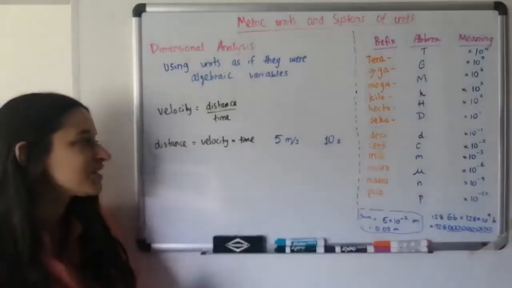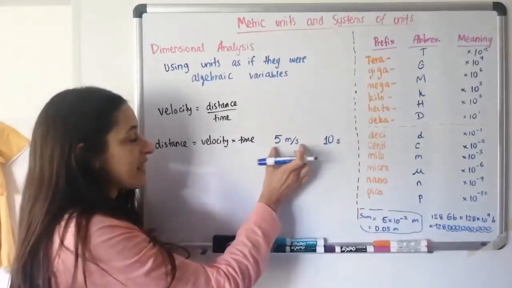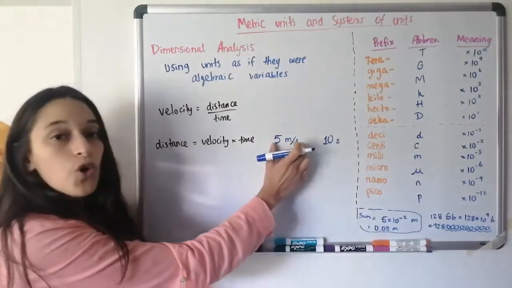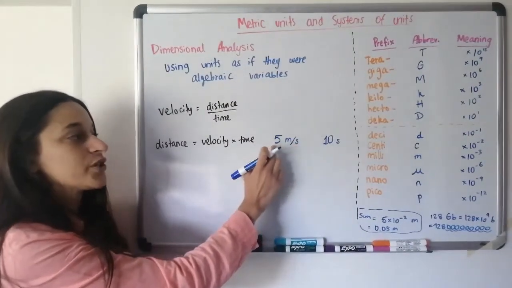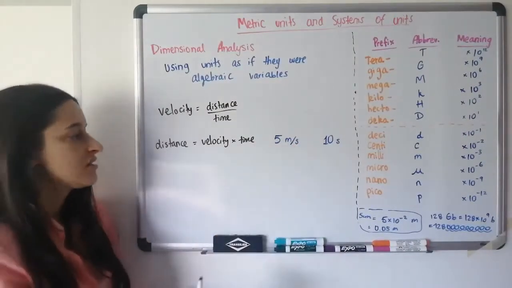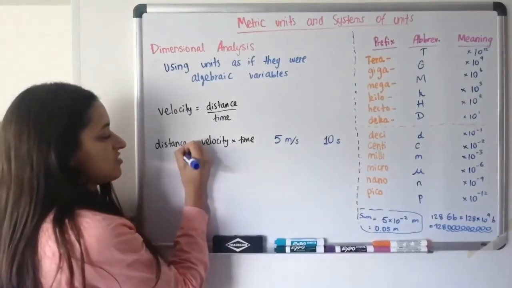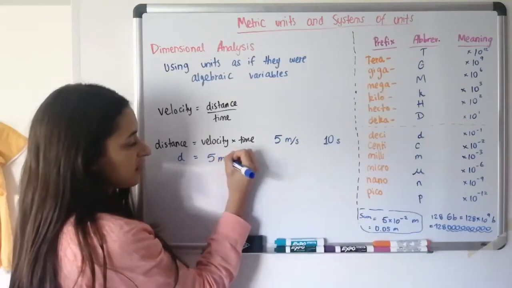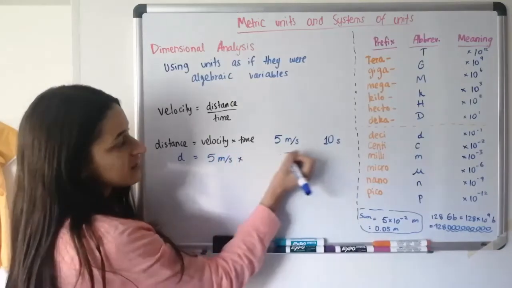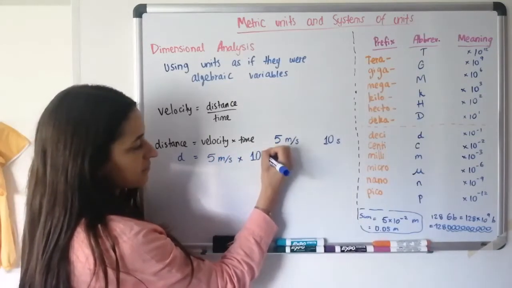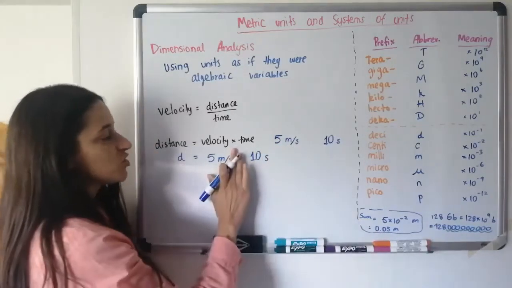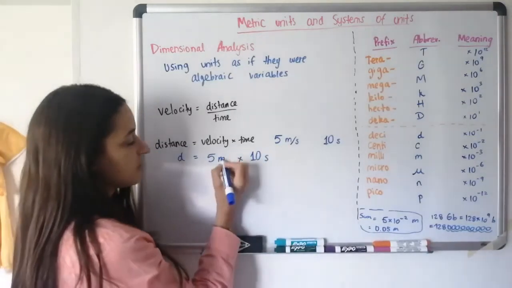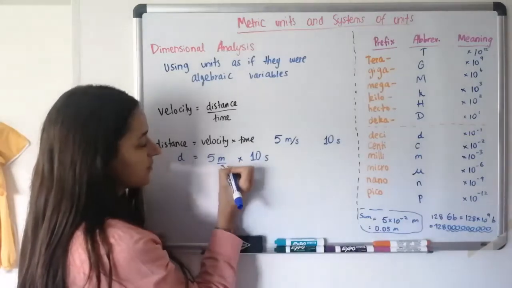So what you do here is you put into velocity the whole quantity, which includes the number and the unit. You want to find distance, let's call it d so that it's shorter. And you put here 5 meters per second times 10 seconds. So this meters per second, you can put the per second below.